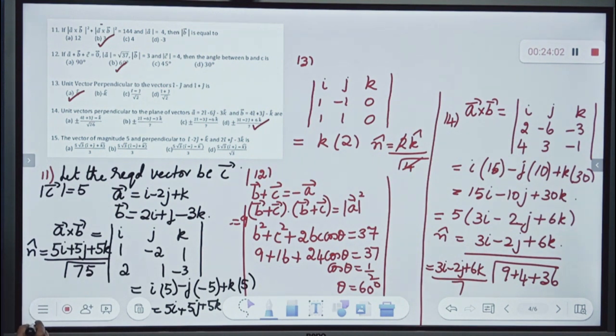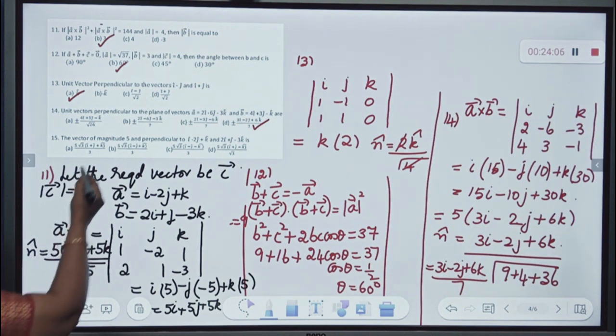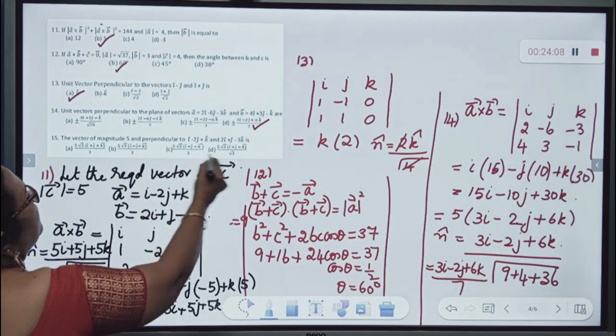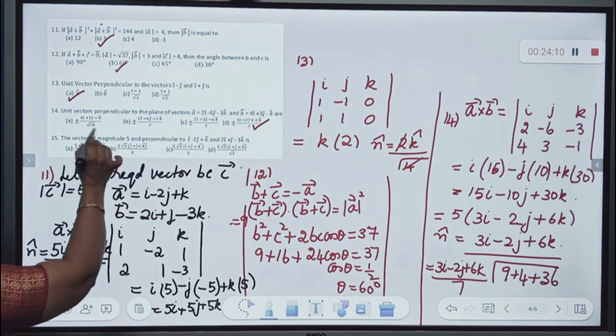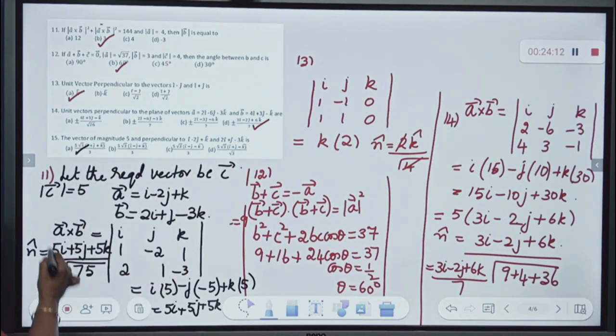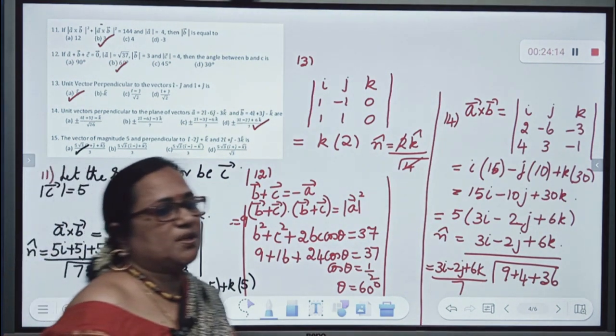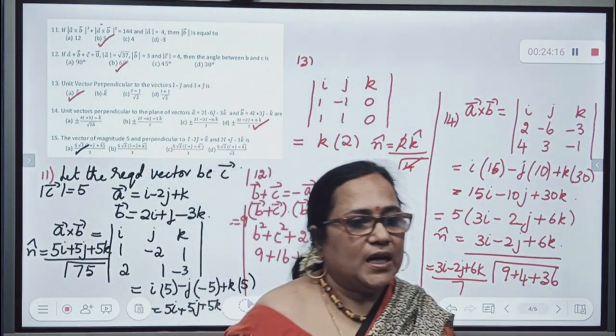When I take out 5, I need only i plus j plus k. So even by elimination, I know that none of the other vectors will be true, so only this is going to be the alternative. Of course, you can simplify and check whether that is the right answer.